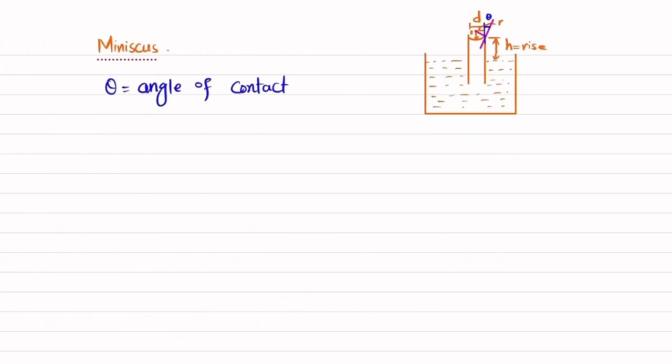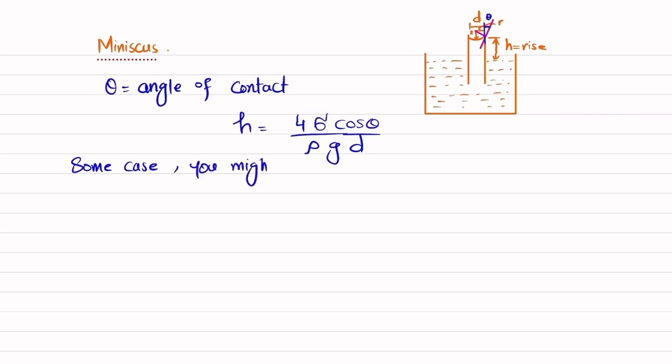So you may also solve many problems related to the capillary tube by using this formula, h is equal to 4 times sigma cos theta divided by rho g into d, where you will be given all values, but in some cases you might not be given the theta value.